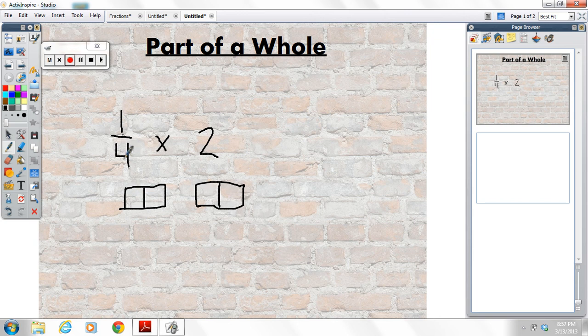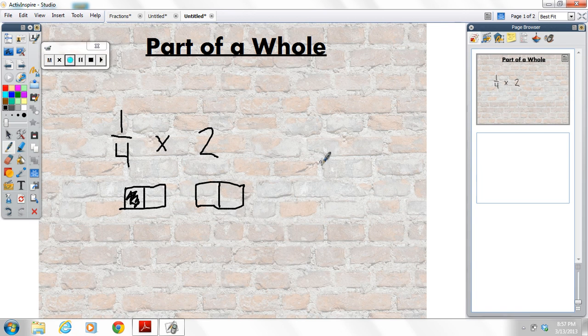The question is, what's 1/4 of 2? Well, from the 4 boxes that I created from the 2 boxes, in order to find 1/4, I would shade one of these boxes in, because this would represent 1 out of the 4 boxes that I made.